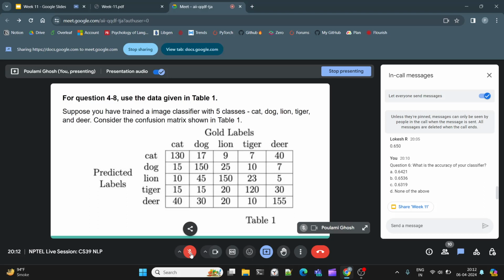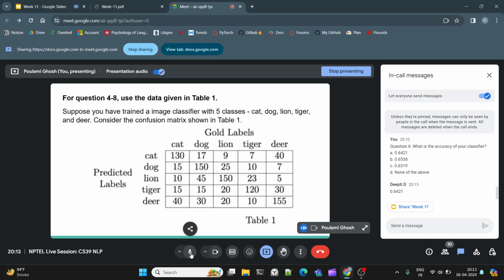Accuracy, again, we have to average for all of them. Accuracy would be considering all the classes. Here it's not mentioned whether it's macro or micro, simply the accuracy is asked. So individual accuracy, then again average.